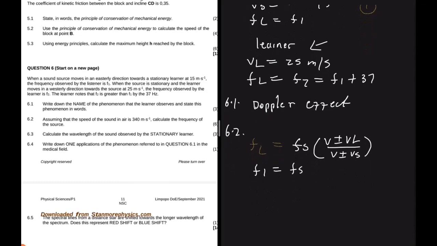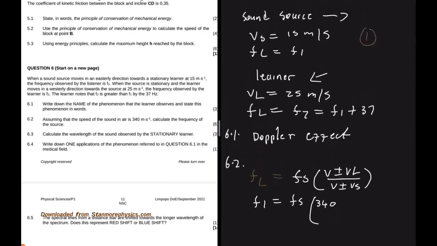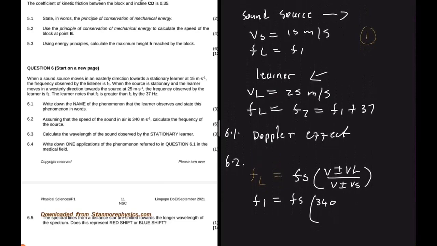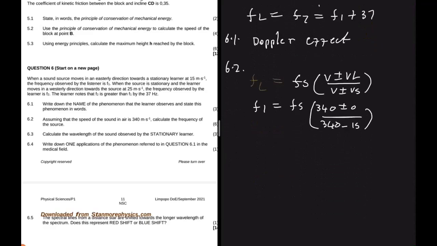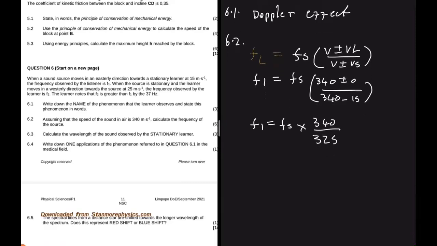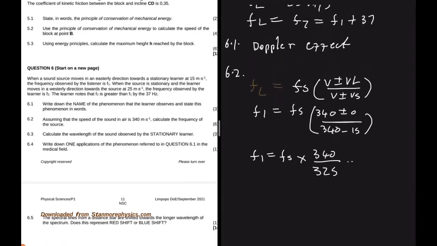The speed of sound in air is 340, and the listener is stationary, so we have plus or minus 0 here, divided by 340 minus Vs, which is 15, because the source is moving towards the listener. This gives us F1 equals Fs multiplied by 340 divided by 325, and we can name this our equation 1.